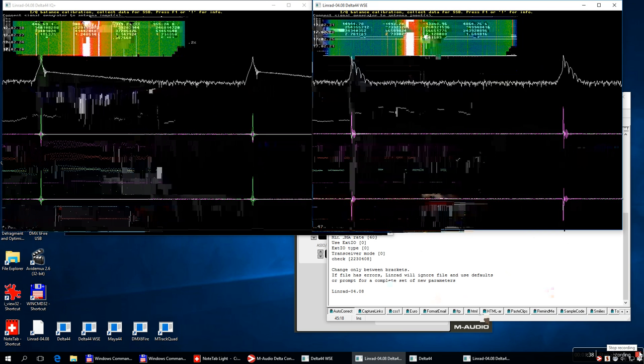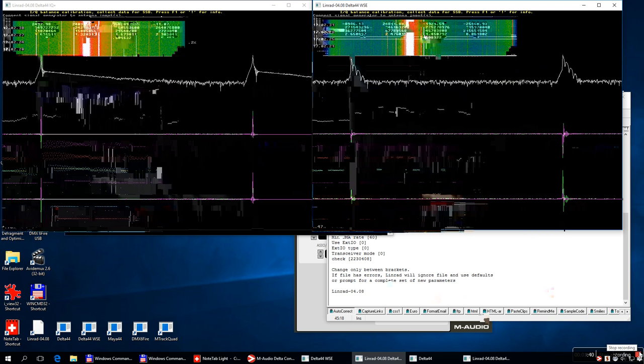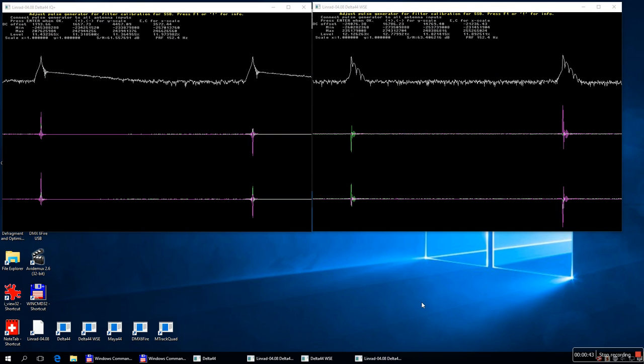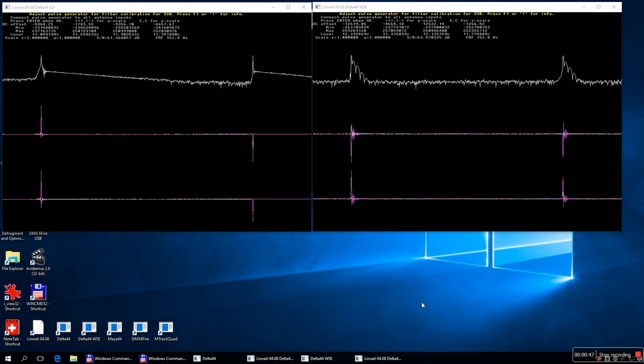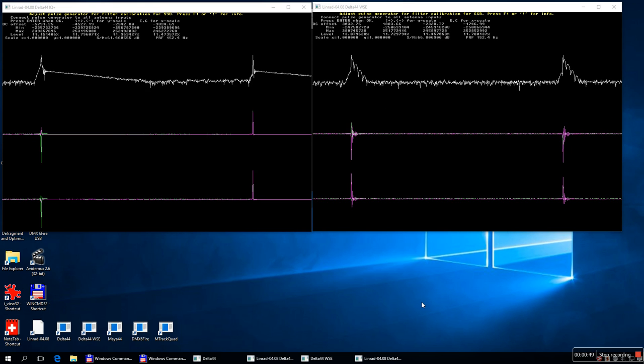And in WSE the lowest frequency is in the order of 10 or 20 Hertz, but in the Maya 44 it's 200 Hertz or something like that.